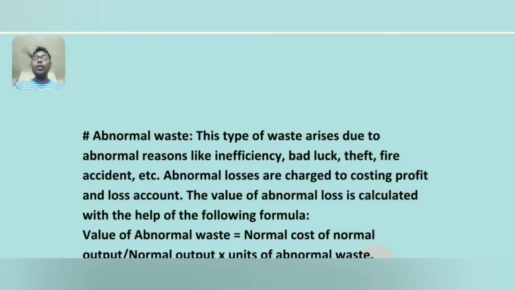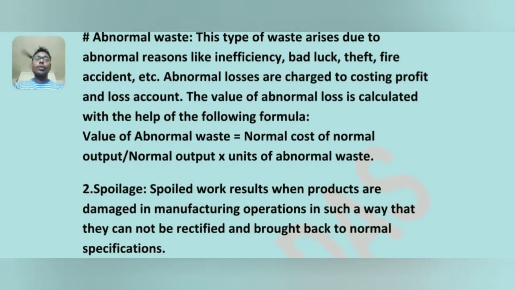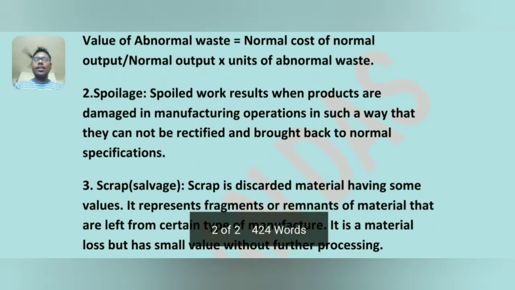The value of abnormal loss is calculated with the help of the following formula. The value of abnormal waste equals normal cost of normal output divided by normal output into units of abnormal waste.